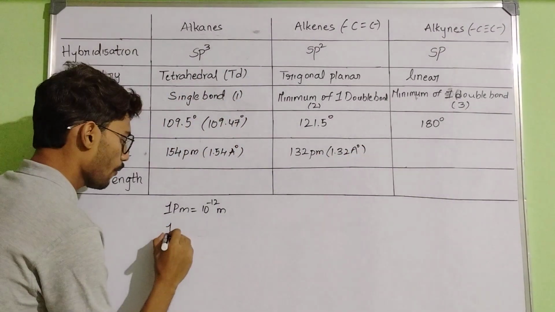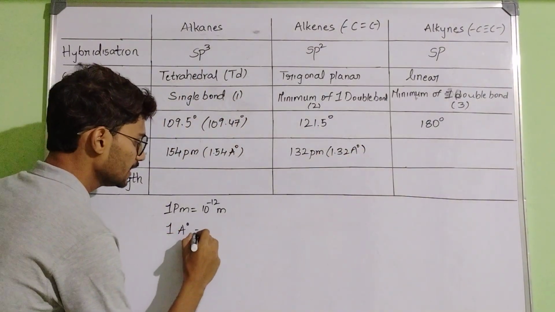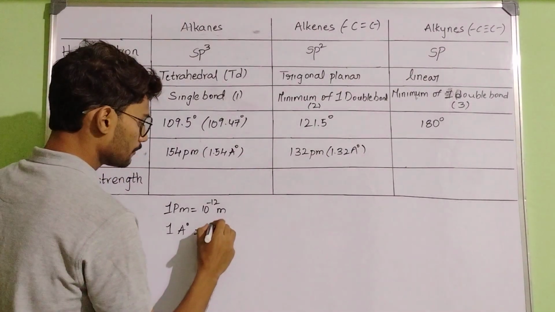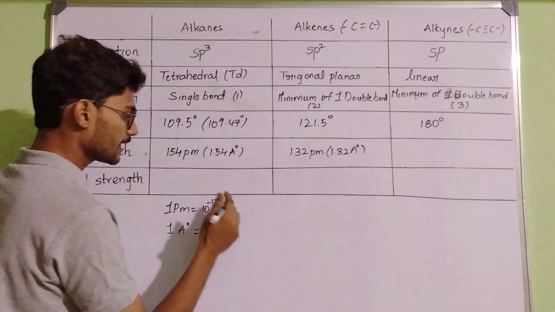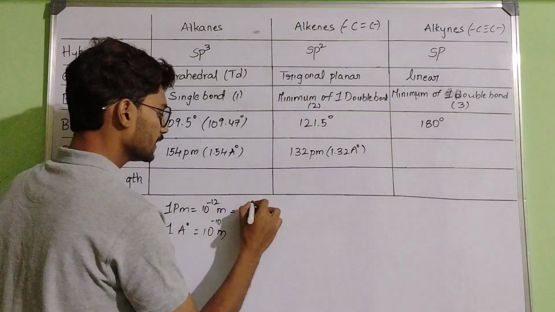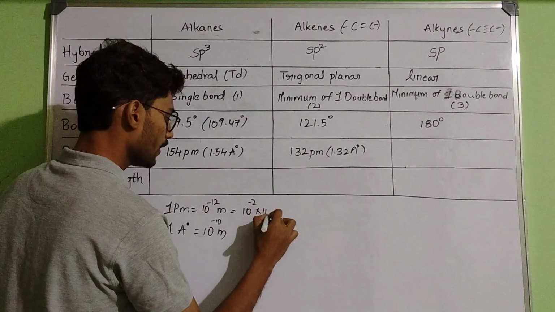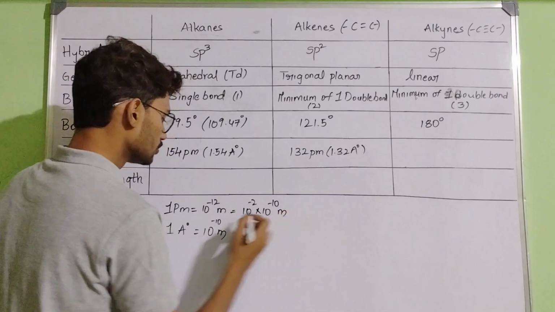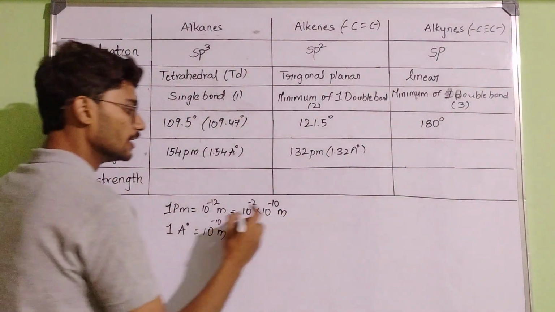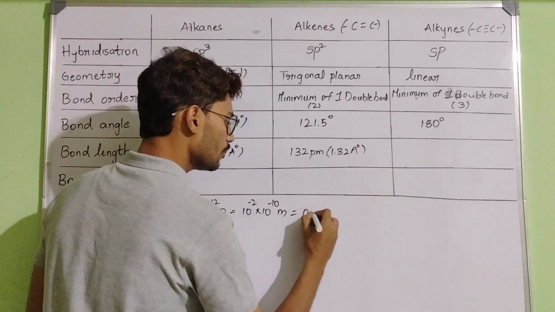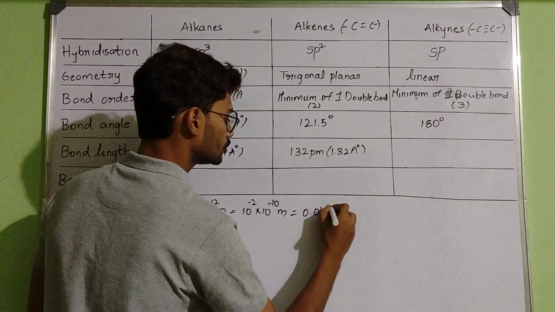Why are we getting this? 1 Angstrom is equal to 10 power minus 10 meters. So how can I write 1 picometer? I can write it as 10 power minus 2 times 10 power minus 10 meters. We know that 10 power minus 10 meters is nothing but 1 Angstrom, so I can write it as 0.01 Angstroms.